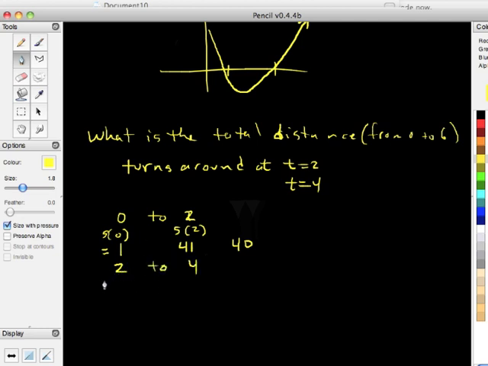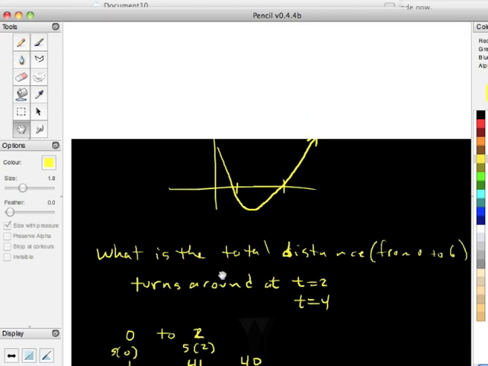Well, we know what s of 2 is. We just found it before. It was at position 41. And where was it at s of 4? It was at 33.